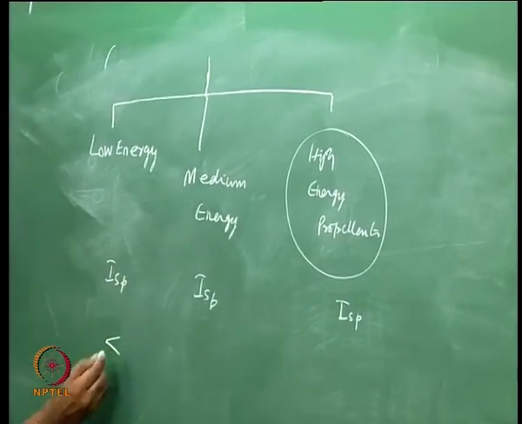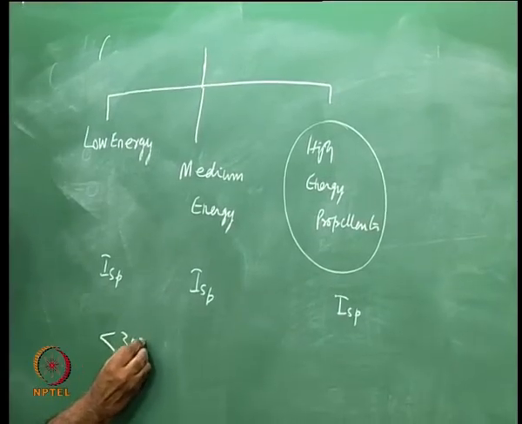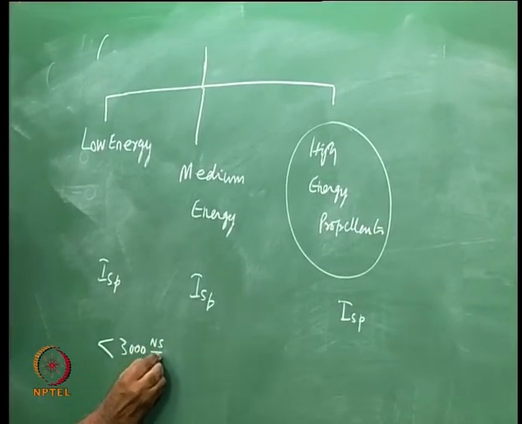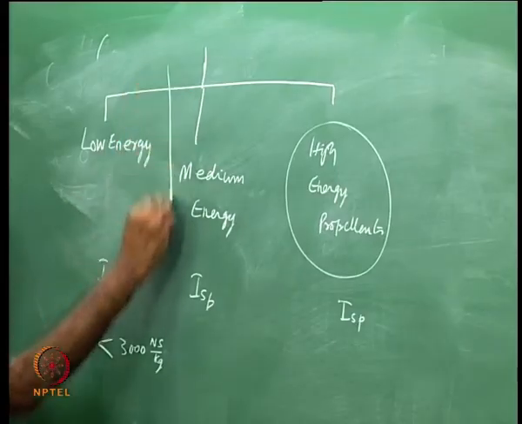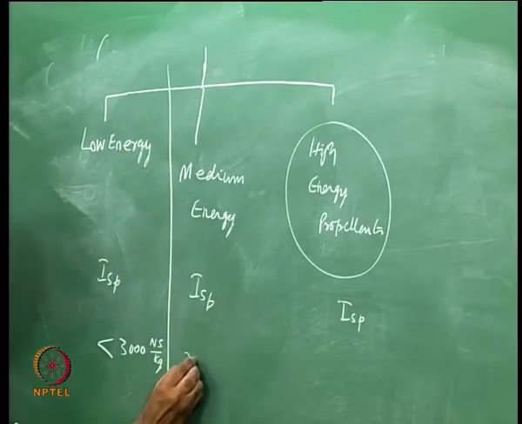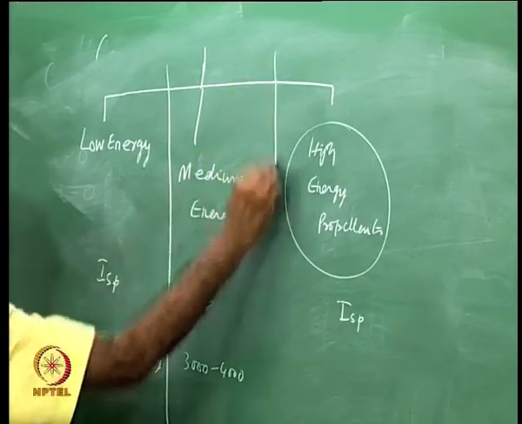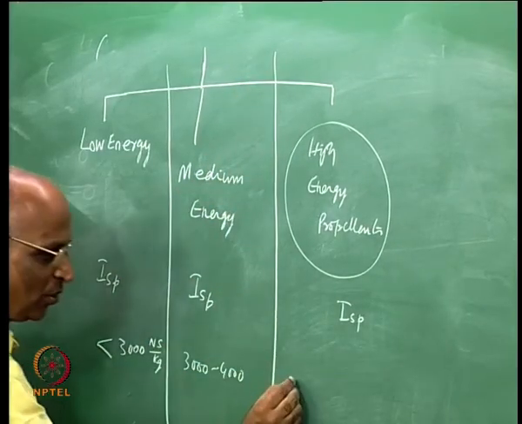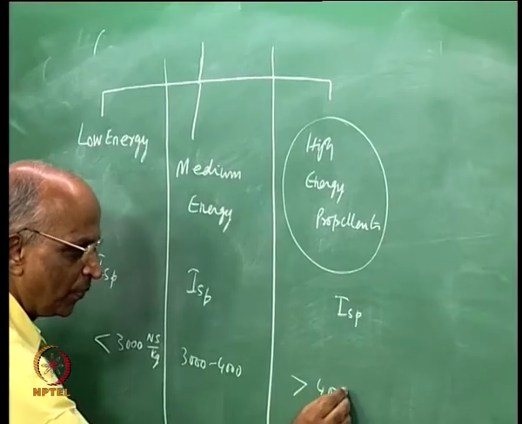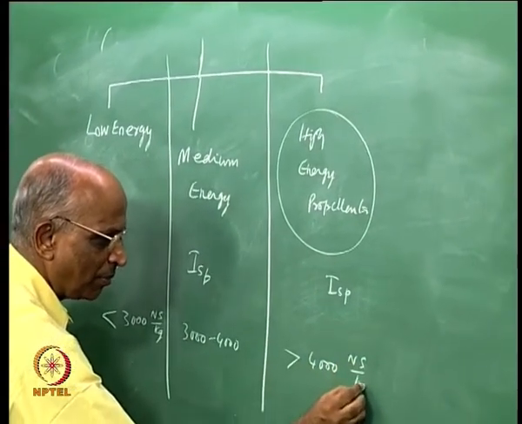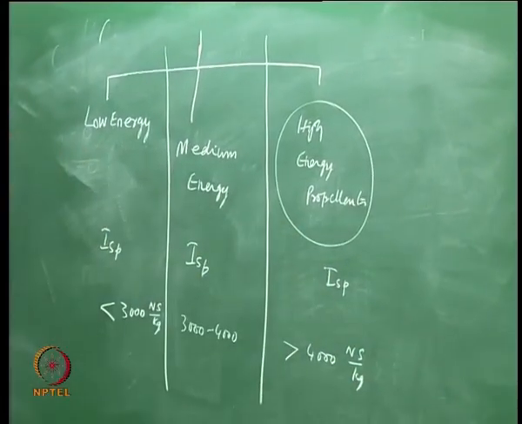Propellants which have sea level ISP less than 3000 Newton second by kilogram are known as low energy propellants, those between 3000 to 4000 are known as medium energy propellants, and those in excess of 4000 Newton second by kilogram are known as high energy propellants.